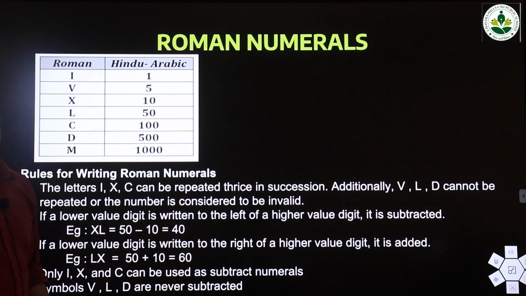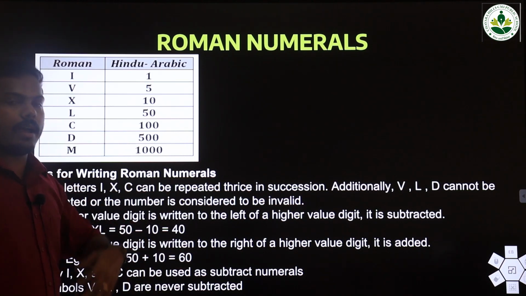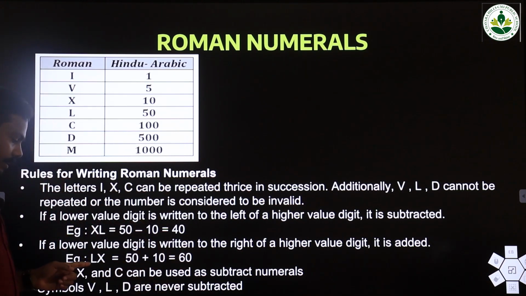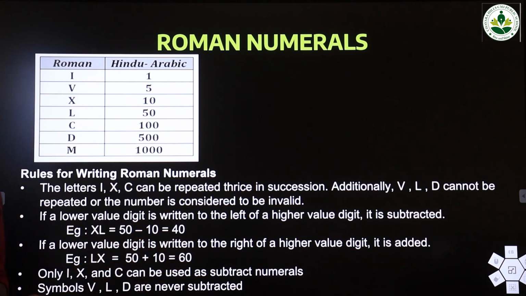XL means 40. And if we write a lower value digit to the right of a higher value digit, it is added. I write the higher digit first and the lower digit second, it means addition. LX: L means 50 plus X is 60.